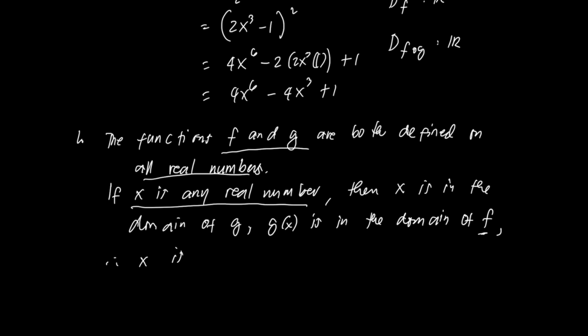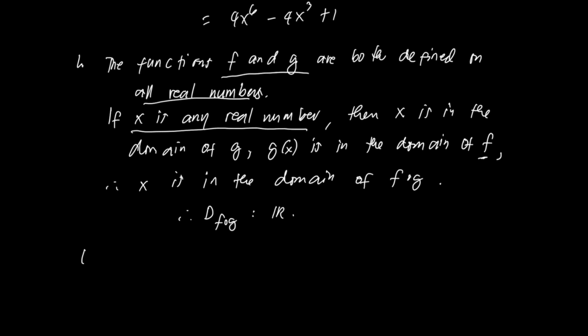And therefore x is in the domain of f of g. I mean f composition g. Okay, so therefore the domain of f composition g is all real numbers. Okay, the same applies for g composition f. Also, the domain of this is all real numbers.